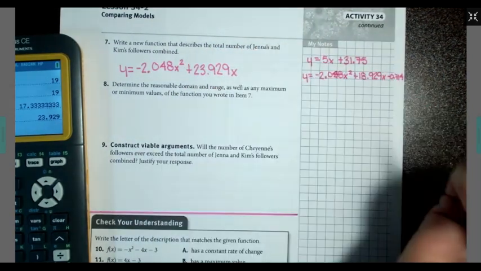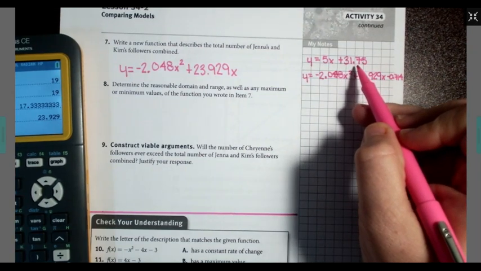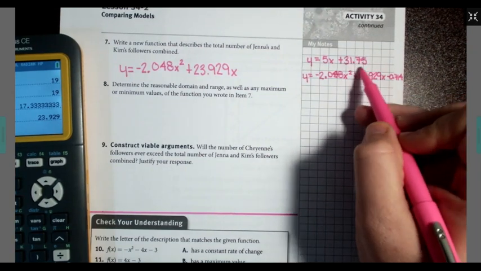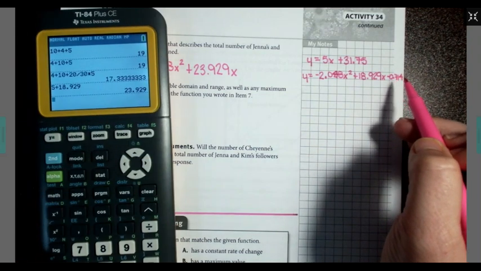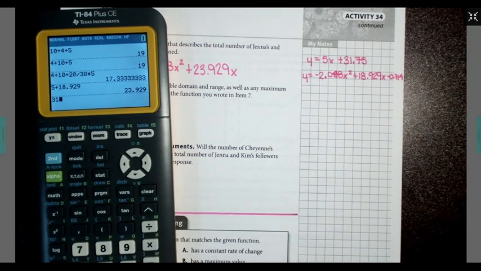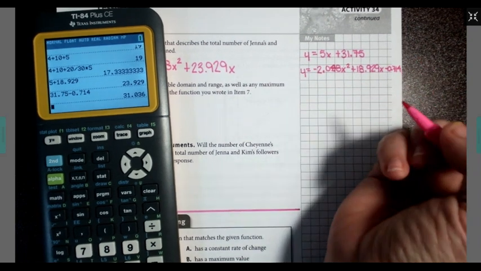23.929x. Okay. We have a positive 31.75 as a constant, and I have a negative 0.714. So we're going to do 31.75 minus 0.714.